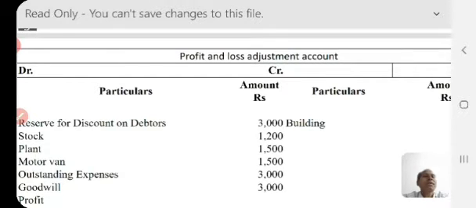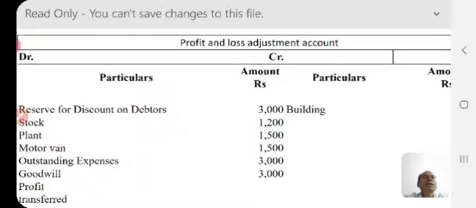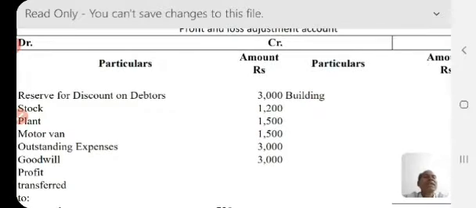If assets are increased and liabilities are decreased, they should be recorded at the credit side of revaluation account or profit and loss adjustment account. Okay, in this problem we shall see each and every aspect.